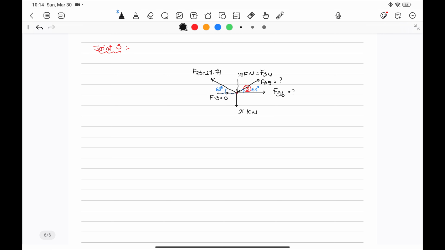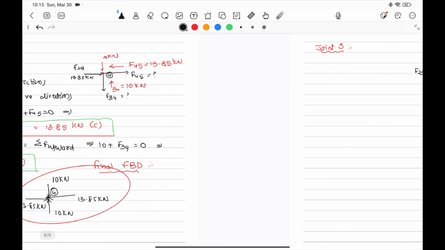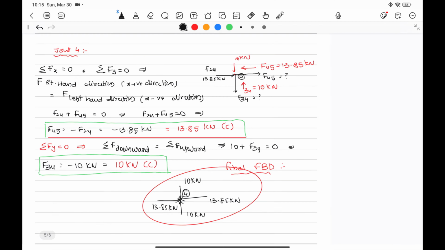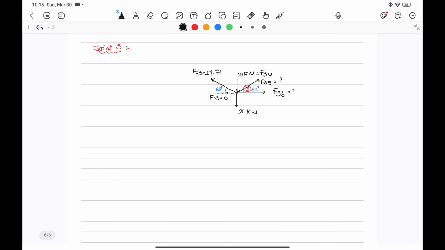You just see, this is the joint 3. At the joint 3, one member is connecting joint 1 and 3. That is equal to 0 value. Another is connecting 2 and 3 at an angle 60 degrees. That is F23. Again we will cross check here. F23 is tension away from the joint, 27.71 at an angle 60 degrees.